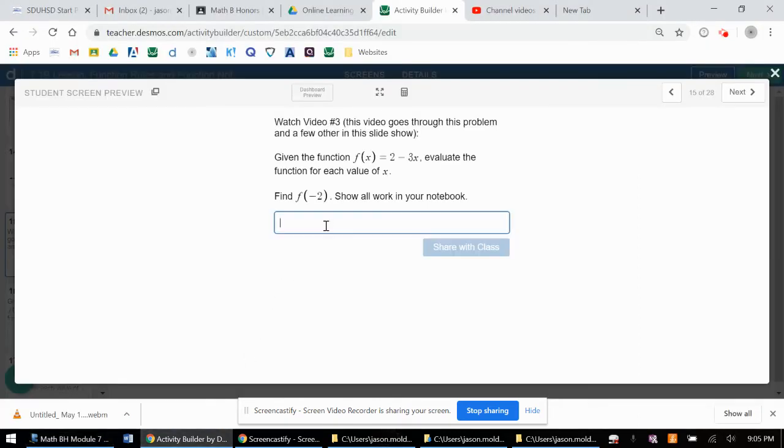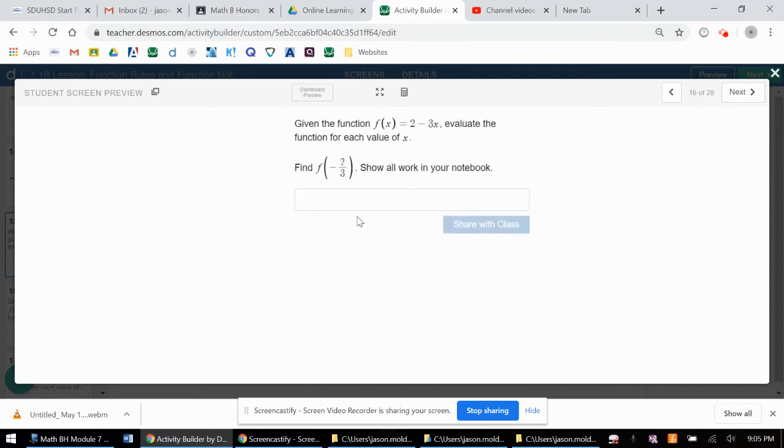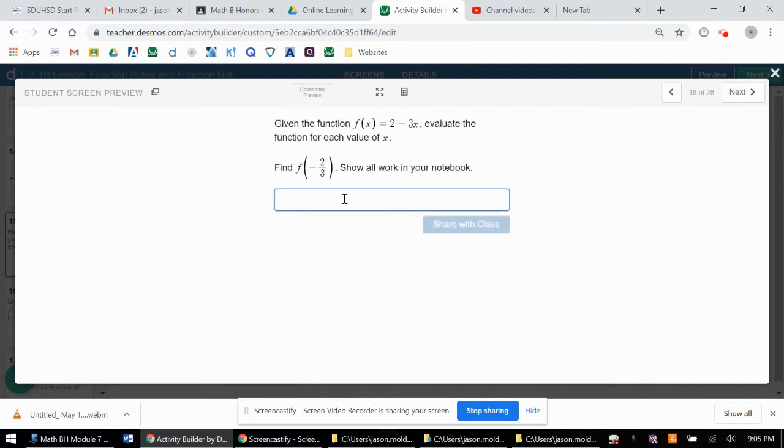So we figured out that this was 8, or if you'd rather write f of negative 2 equals that. Either way it works. All right, next one, we did negative 2/3, which was 4. And you can share that. And you're going to try this one.